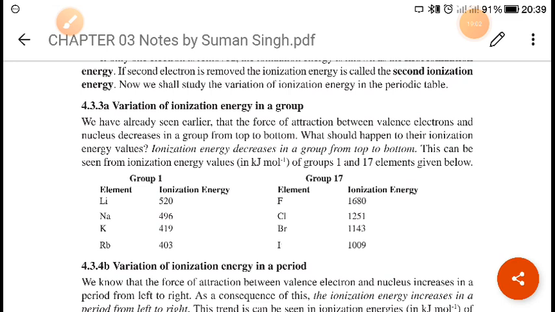Instead, the electron cloud of one electron penetrates into the electron cloud of some other inner electron. That effect is known as the penetration effect.